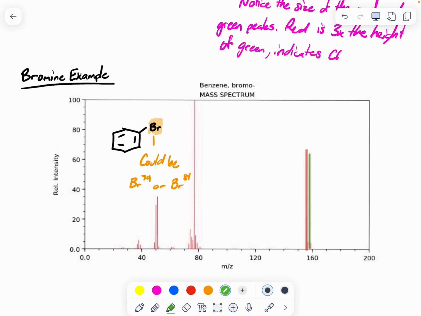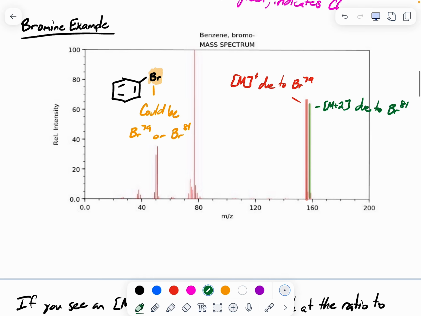So once again, we can say that this would be our molecular ion peak due to bromine 79 being present, and this would be our M+2 due to bromine 81. And again, the ratio of them also matters. Since they are approximately equal height, that indicates that bromine is present. Sound good?